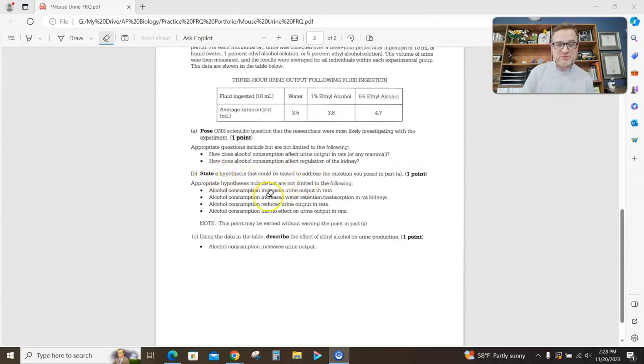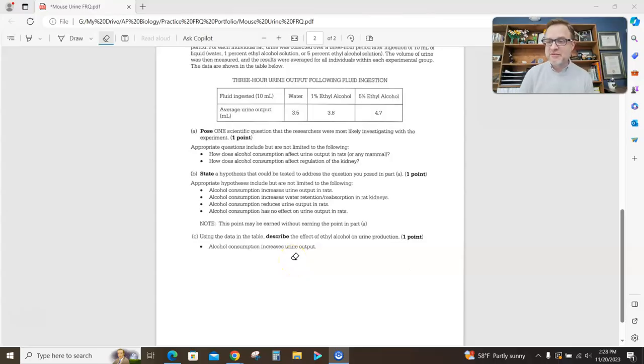So there's 4 things. Look what they took. You could either say that it increased urine output, that it decreased urine output, or that it had no effect. And finally, describe the effect of ethyl alcohol on urine production. You can tell from the data that as the rats ingest more ethyl alcohol, they're urinating more. So alcohol consumption increases urine output.